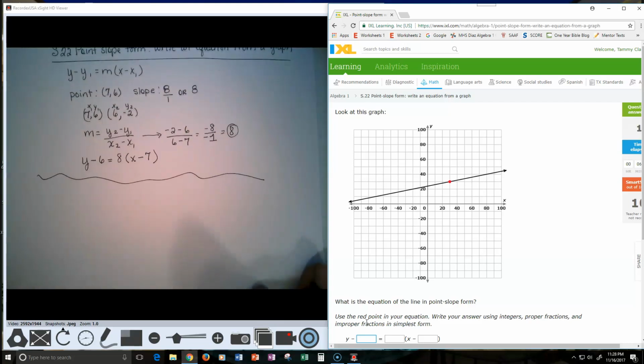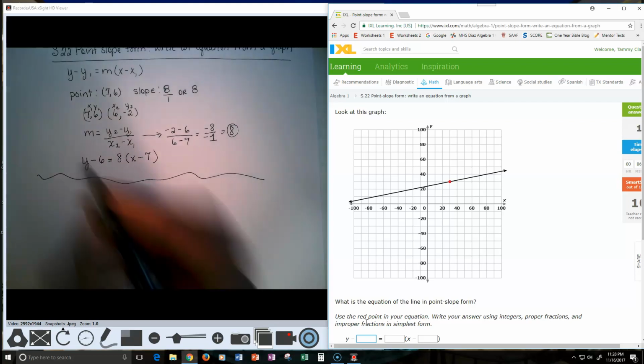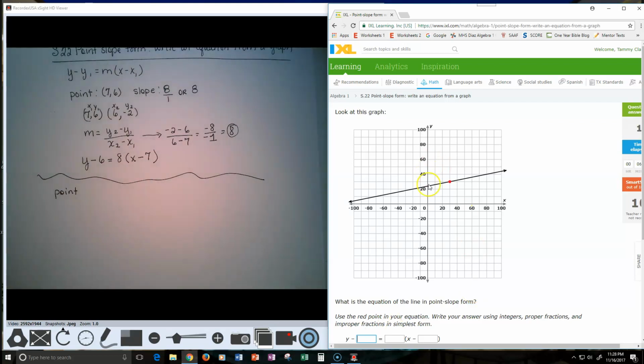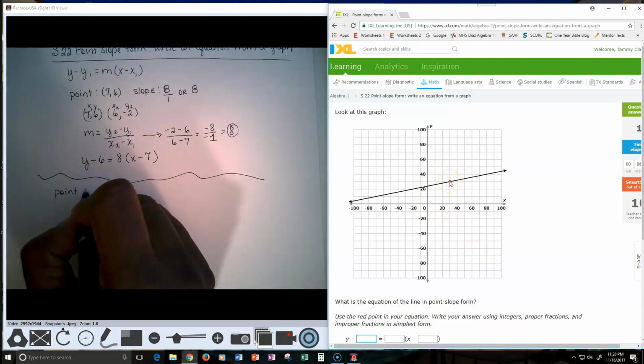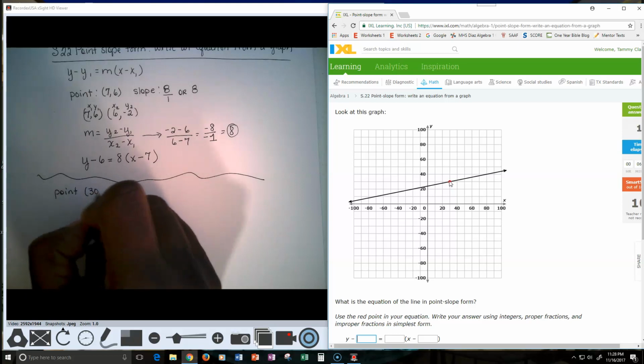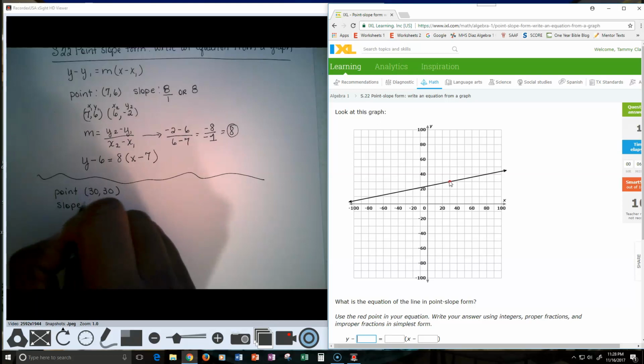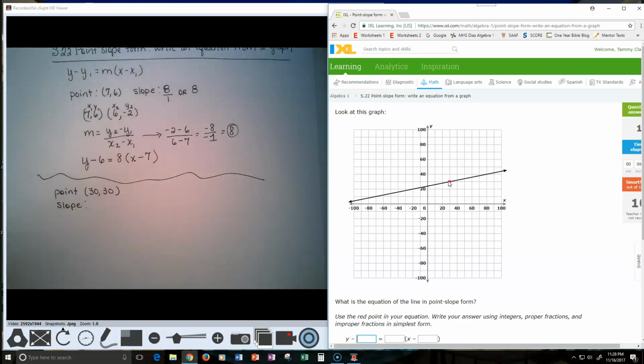We have our point is 30, 30. Let's find our slope. So I know it's positive because it's rising from left to right.